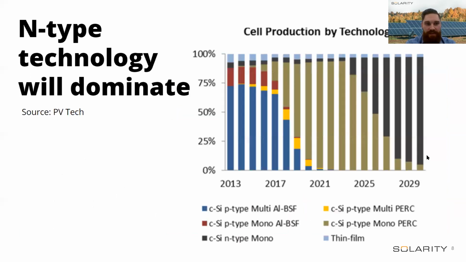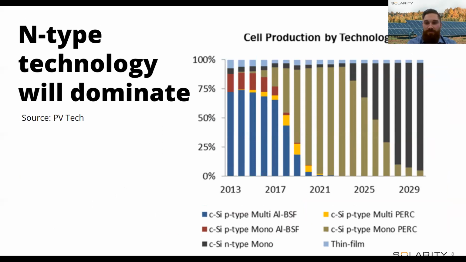We will continue with N-type technology. In the past, N-type was the main technology, the first technology for PV modules. Then they found out P-type is the cheaper option, more suitable for the globe. But right now N-type is more and more common also in other markets.